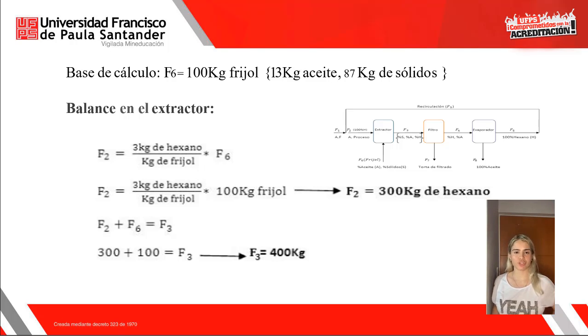We obtain the value of F2, which is 300 kilograms of hexane. Then we make the balance of the extractor, that is everything that enters equals everything that leaves. F2 plus F6, 300 plus 100 equals 400 kilograms.